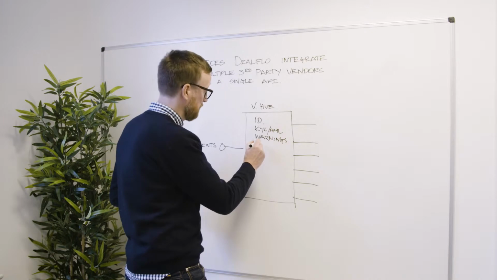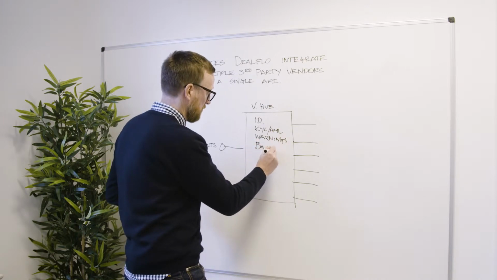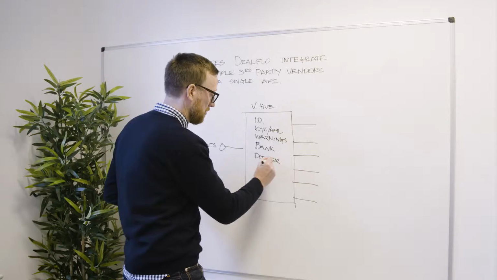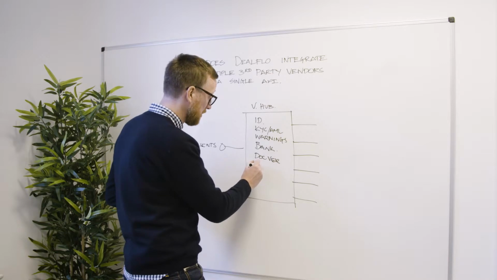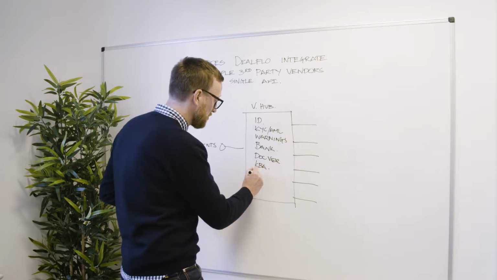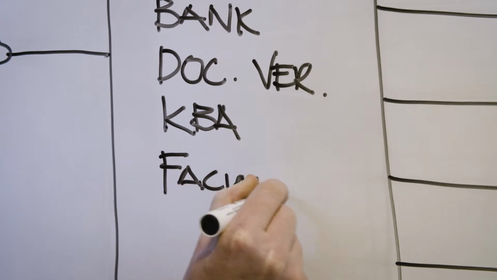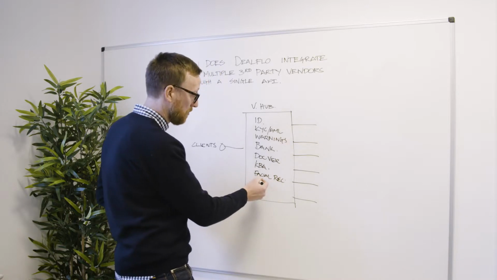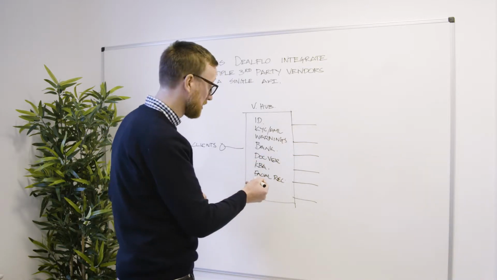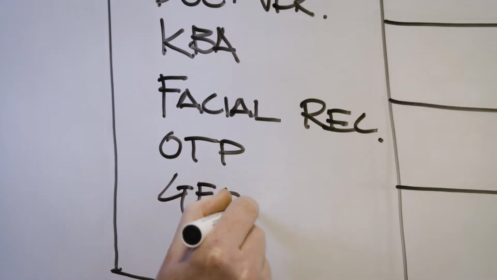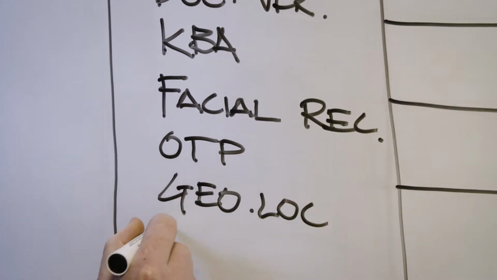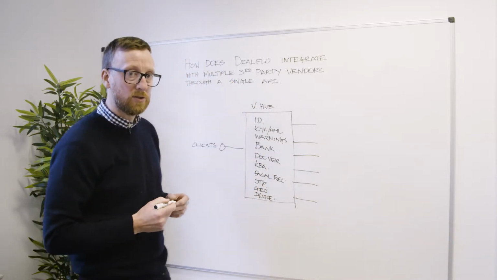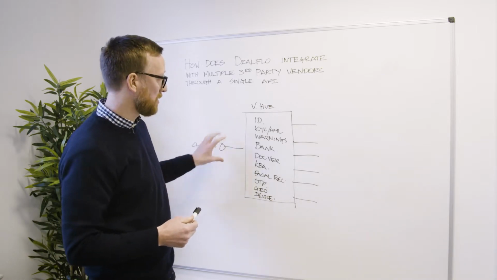We may have bank checks, document verification, knowledge-based authentication used commonly in the UK here, facial recognition, one-time passcode, which is essential with document verification for eIDAS compliance in Europe, geolocation, device location, device ID. So you can see there's a multitude of services available through this single API.